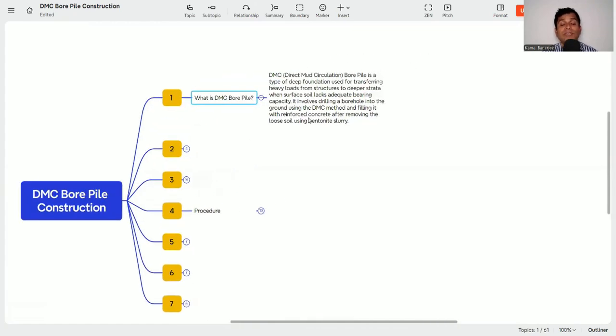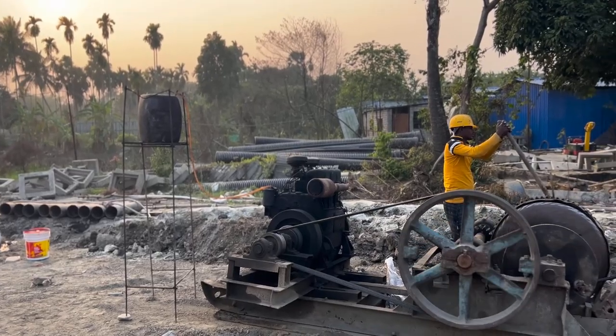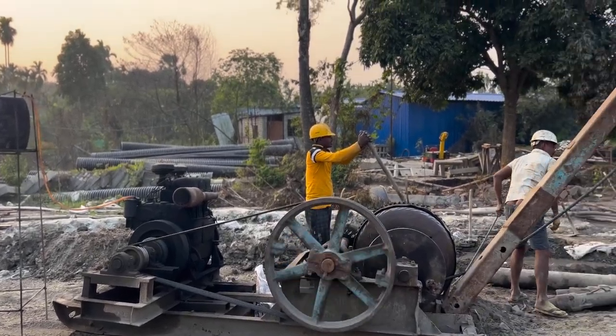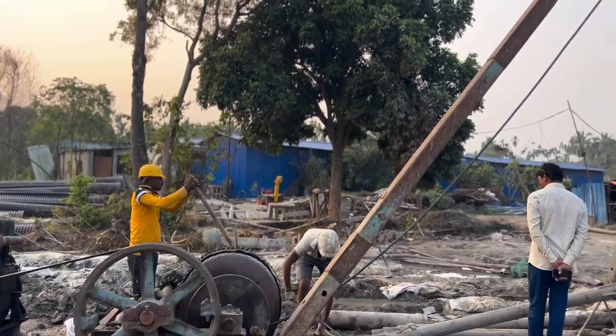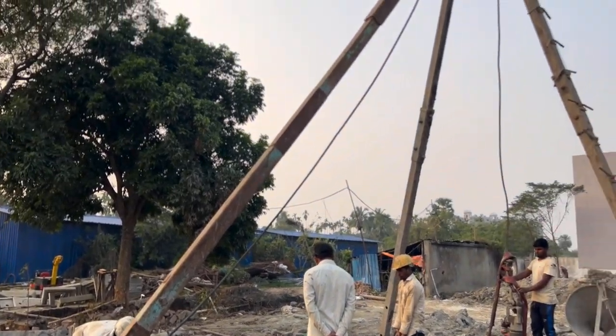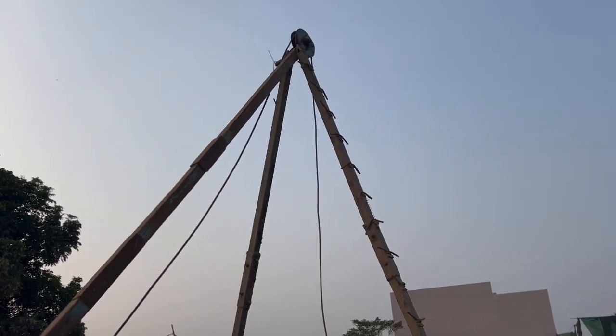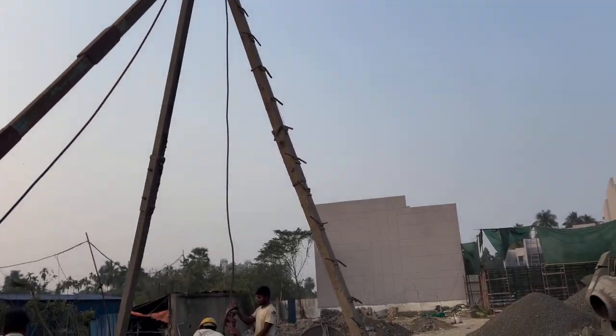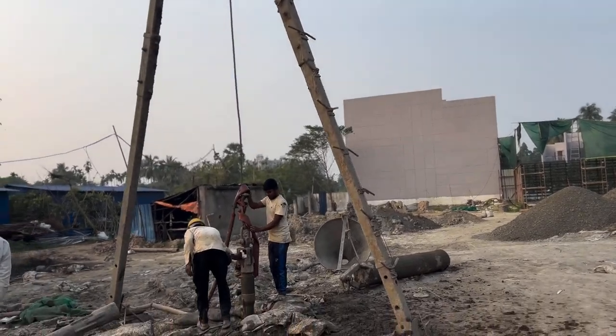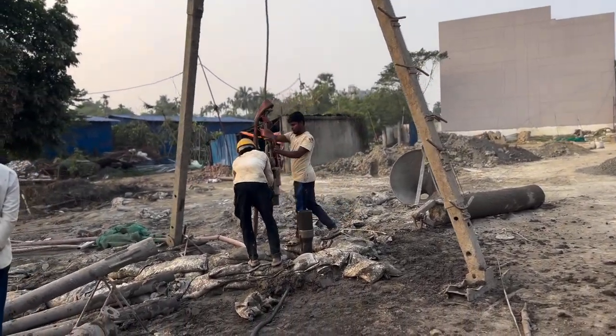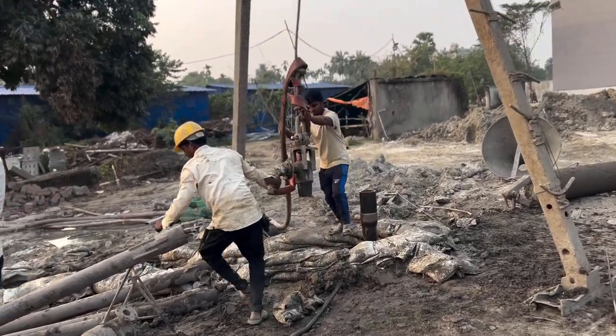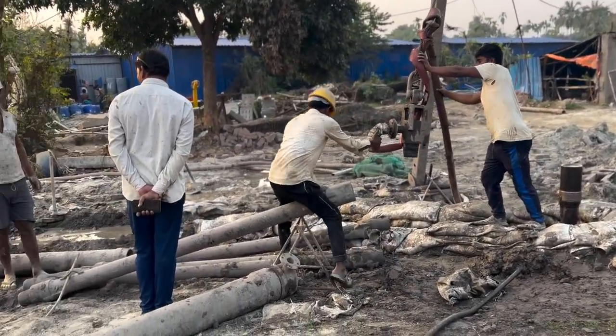DMC stands for direct mud circulation. The DMC bore pile is a type of deep foundation. We all know the pile is a deep foundation, I will not go into those details. The DMC bore pile is a type of deep foundation used for transferring heavy loads from the structure to deeper strata when surface soil lacks adequate bearing capacity.